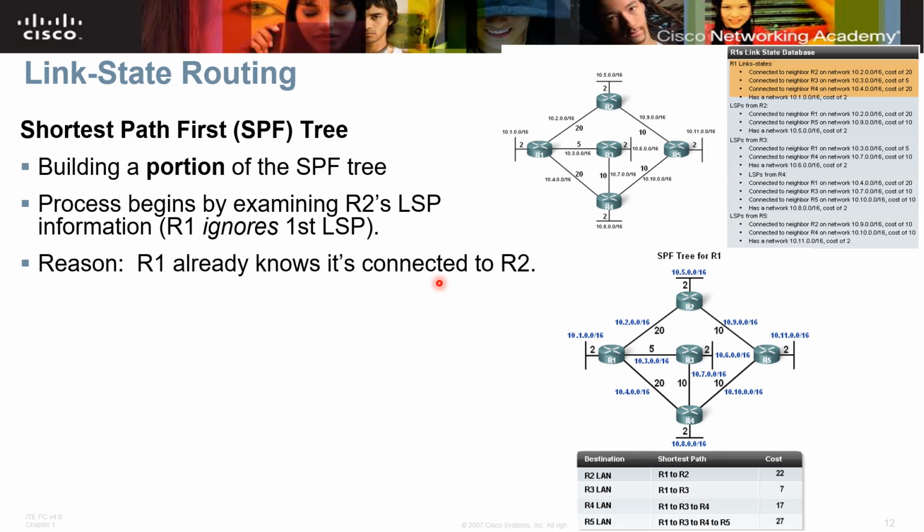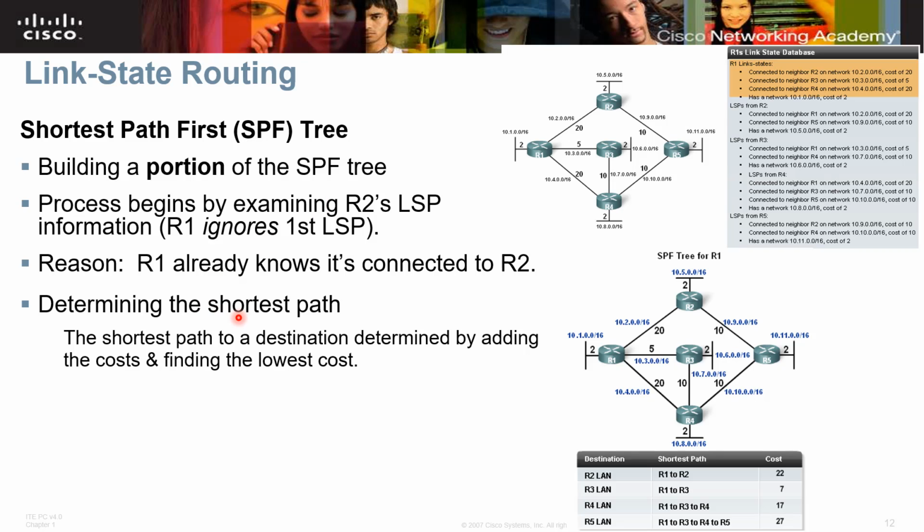R1 already knows it's connected to R2, but once I receive information from R2, in the database I will include all information, even if I already know it, because the database contains all information about all nodes. R1 gathers this information from R2 and puts it in the database.